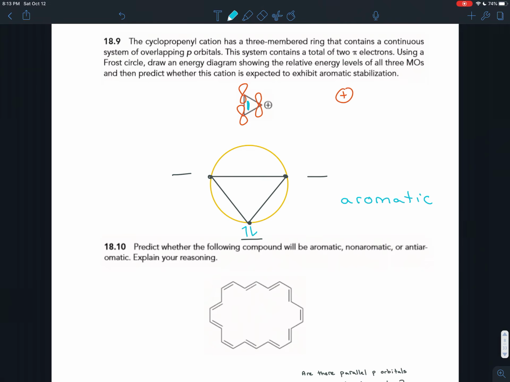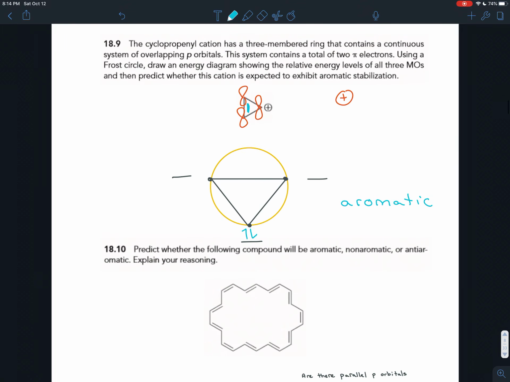Here you can sort of visualize qualitatively the molecular orbitals. You can get a sense of the energy of them. And you can see that all the electrons are paired up, so they're not going to be as reactive, and they're paired up in a low energy orbital, and that's what makes the molecule as a whole aromatic, even though it has a positive charge.